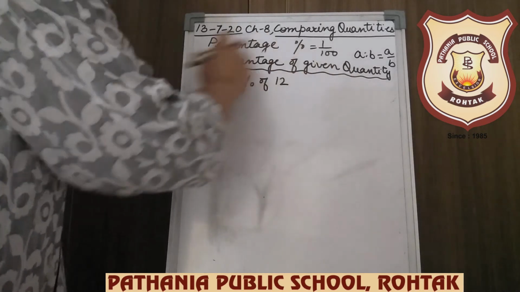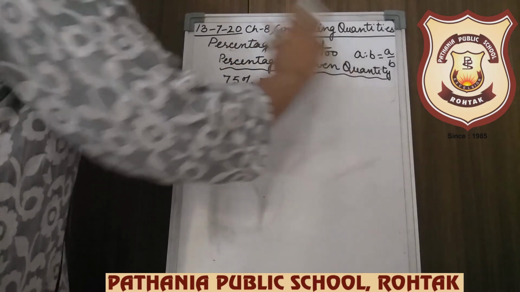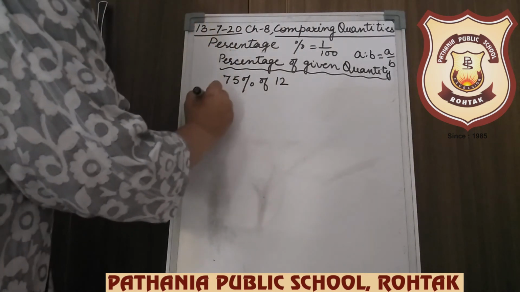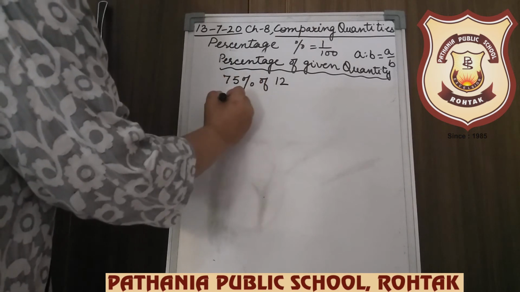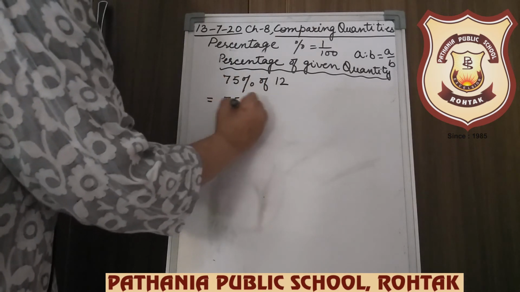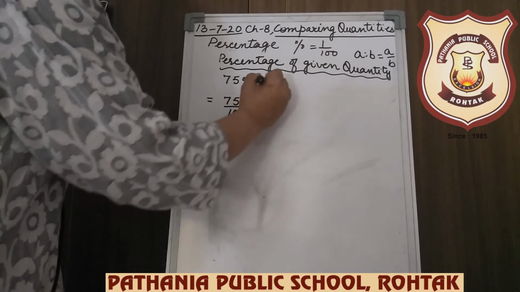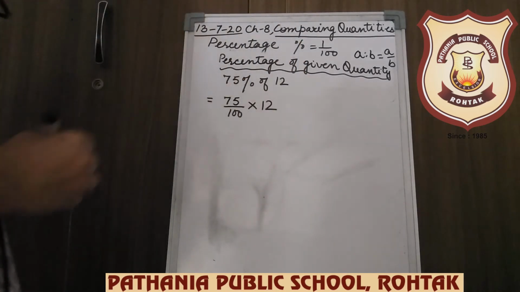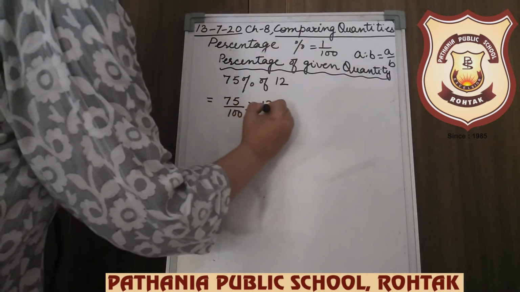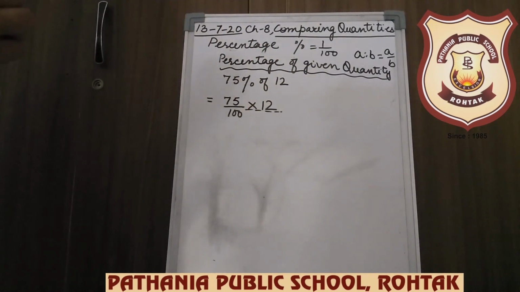What I am telling you? To find the percentage of the given quantity, method is going to be same. 75% means 75 upon 100. Of means multiplication and 12. This 12 will remain in the numerator. It will not come in the denominator.